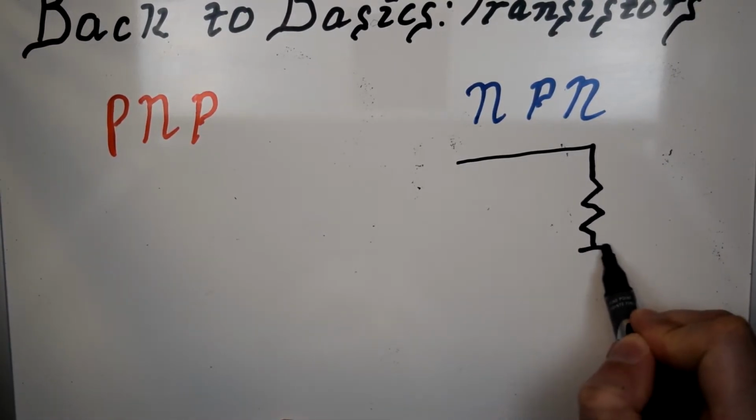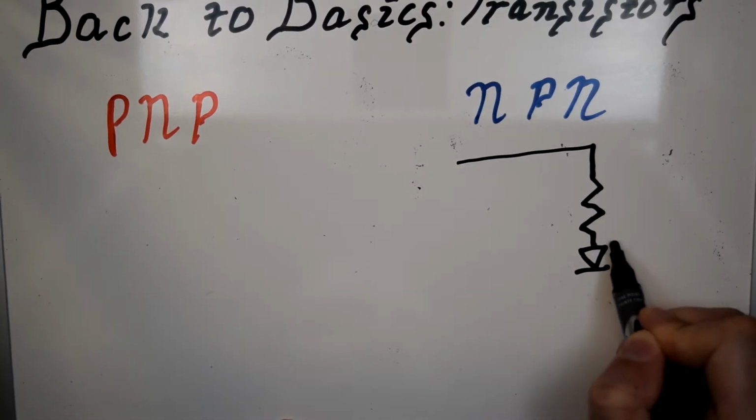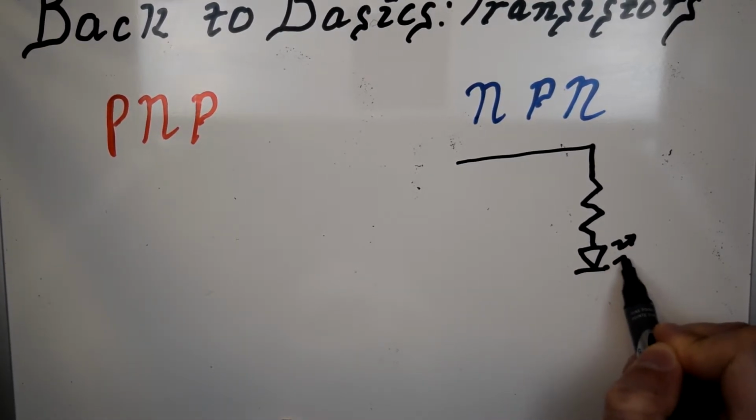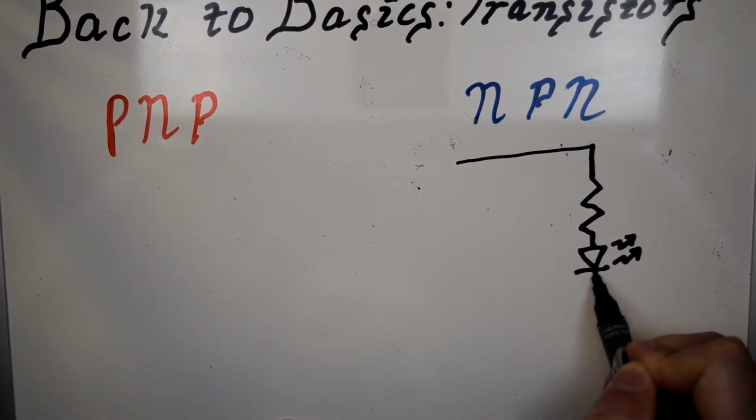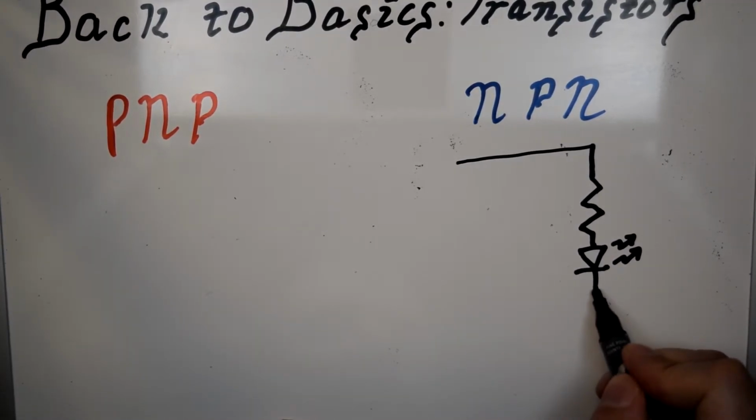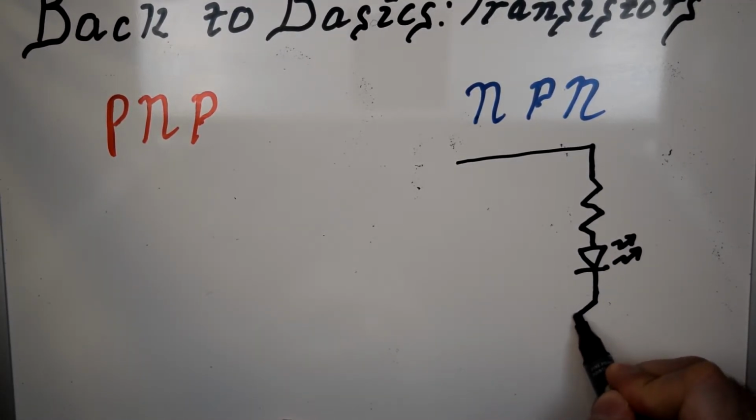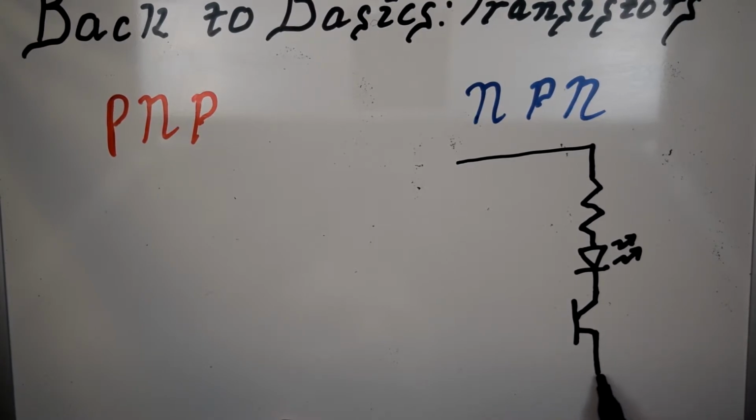Resistor, and then we'll throw in a light emitting diode. And then from there, we'll go to the transistor, and then the ground.